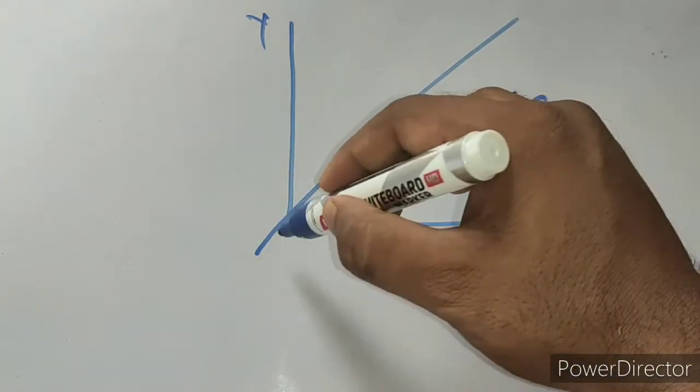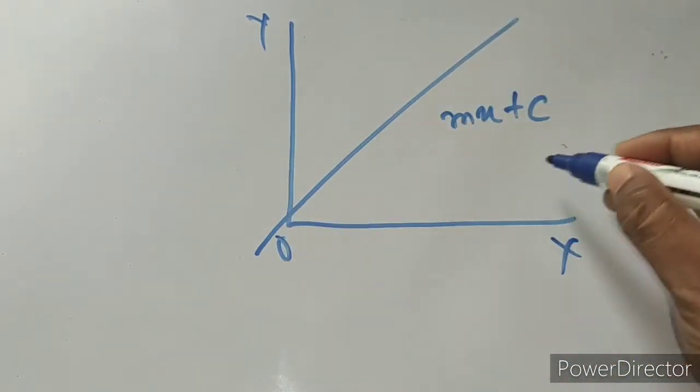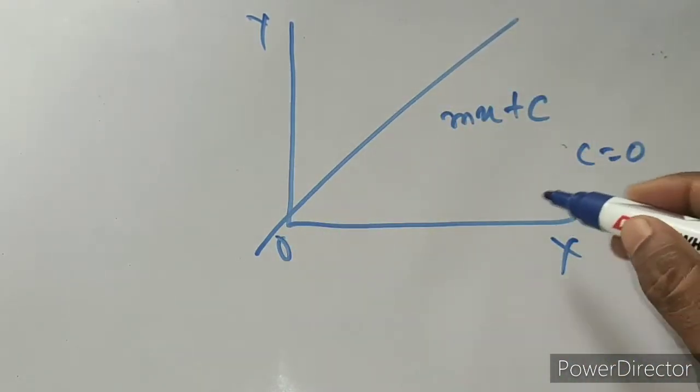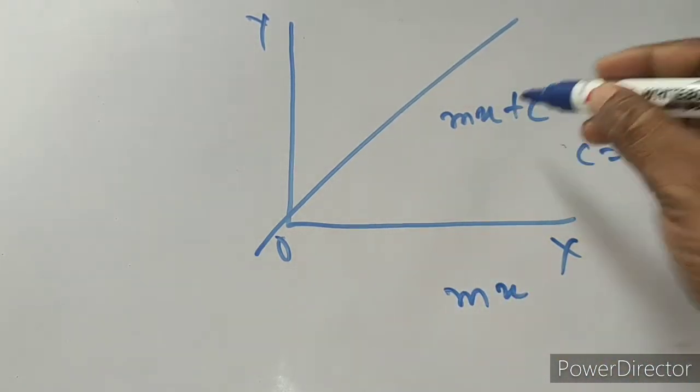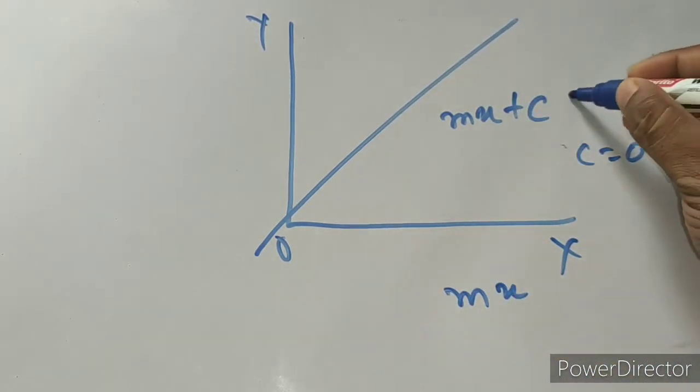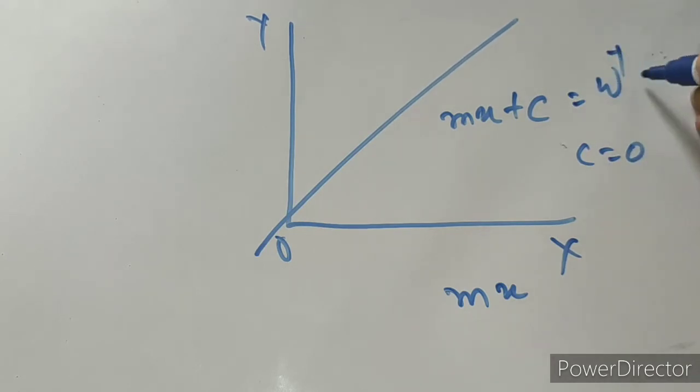So c is here touching 0, so c is 0, which means the value is mx only. And this line can simply be written in the form w transpose of x plus b. So here b is the y intercept, and w transpose of x, what is the x value? That we know. And w is the weight.